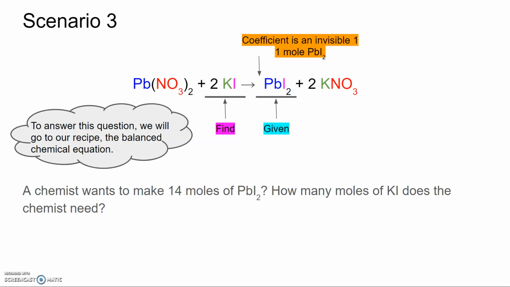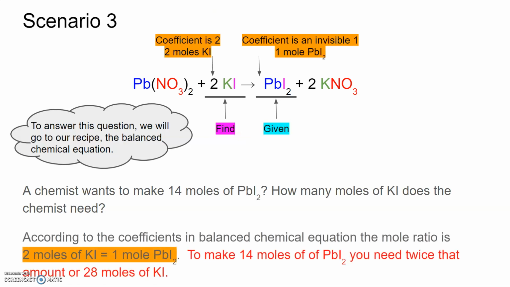We know from the coefficients that there is a 2-to-1 ratio, so 2 potassium iodide to 1 lead iodide. So to make 14 moles of lead iodide, PbI2, you would need twice as much potassium iodide. So for 14 moles of lead iodide, you would need 28 moles of potassium iodide.